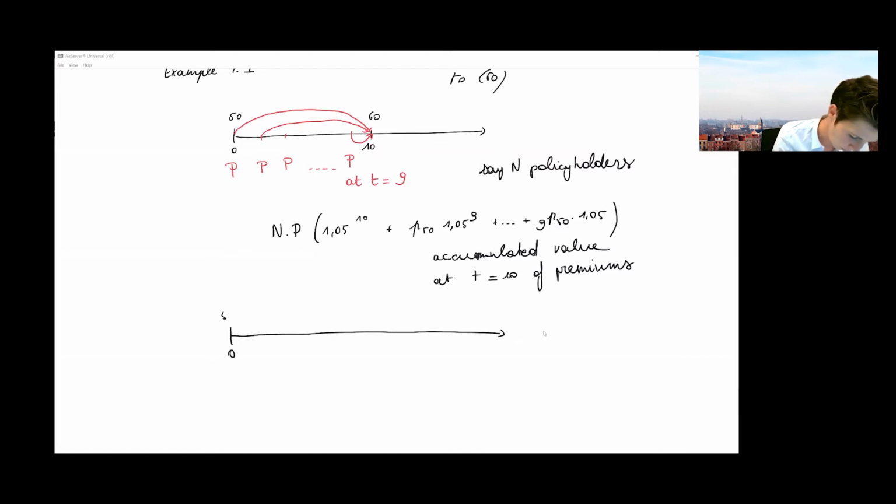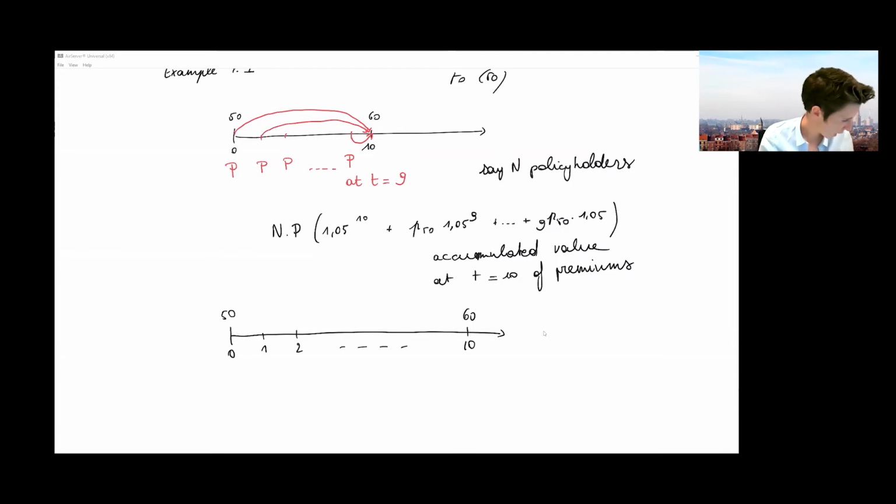So again, at time 0, I've got my 50-year-old, and I've got time 1, 2, etc. And here I am at time 10 with a 60-year-old, right? So if I now say, what did I pay at time 1 in terms of the death benefits, and how much is that now worth at time 10? That's the question over here.